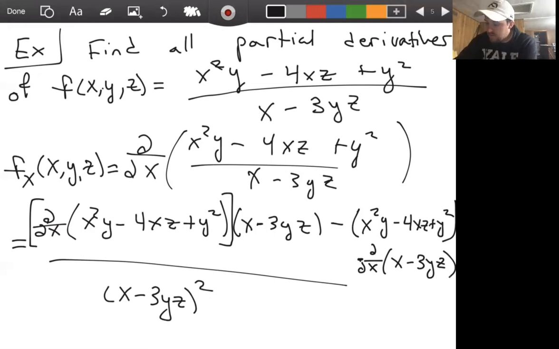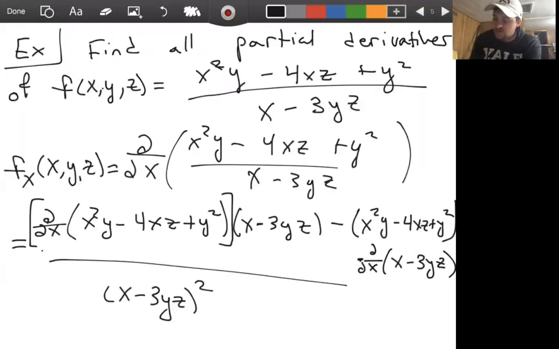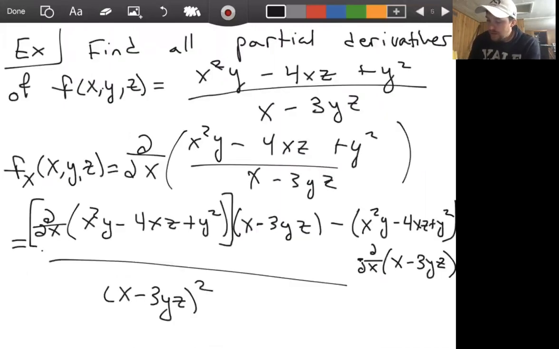And so let's simplify this a little bit. Well, the derivative of the first term, we have the partial derivative with respect to x of x squared y. Well, y is a constant, and we just use the power rule in the variable x. So the derivative of x squared y with respect to x is 2xy. We then have minus 4xz.